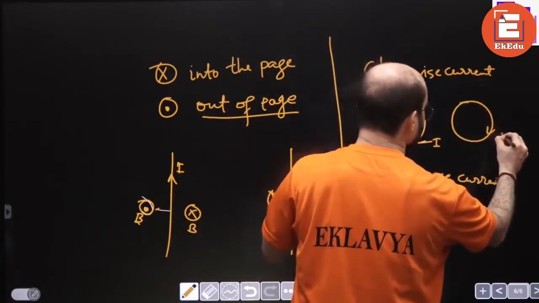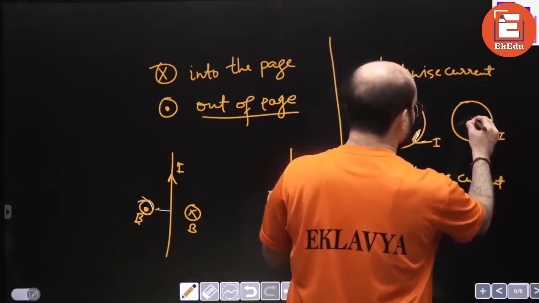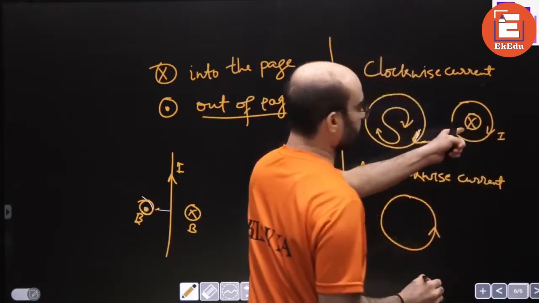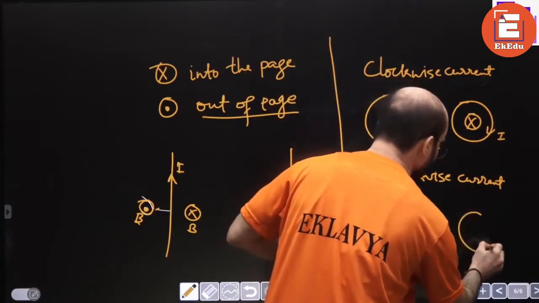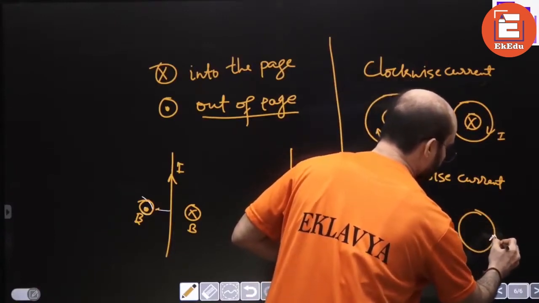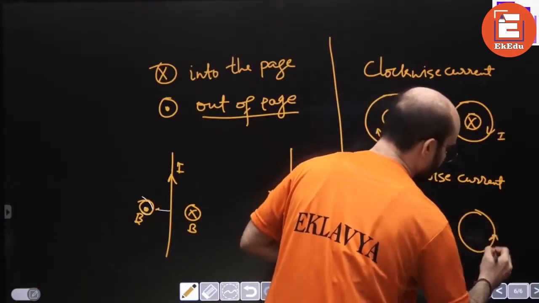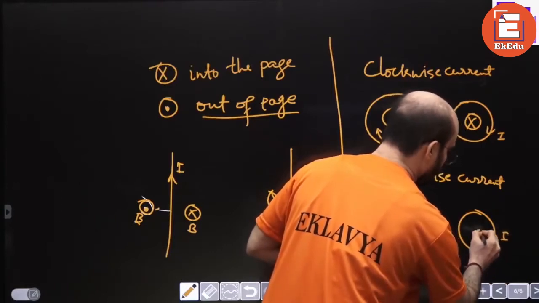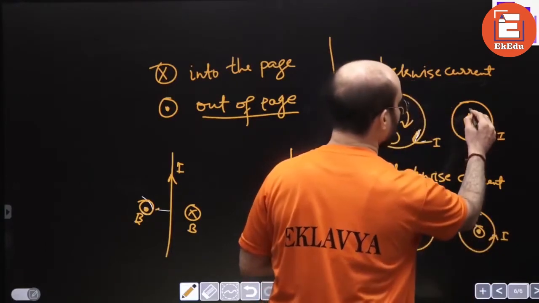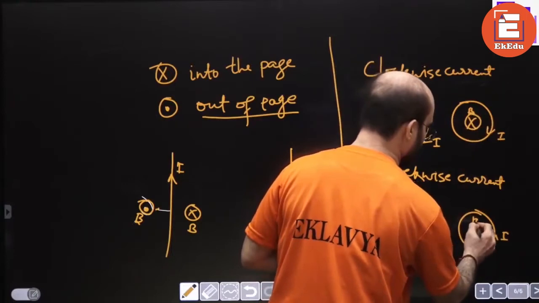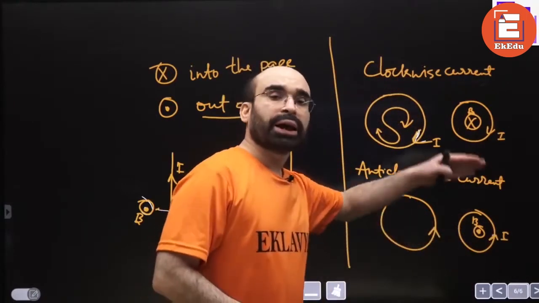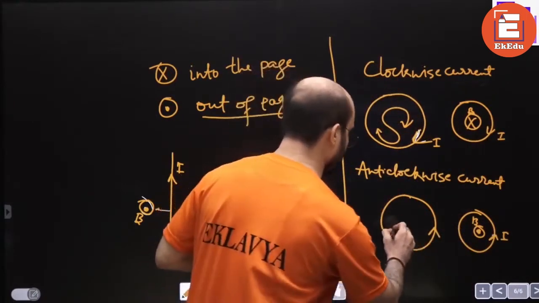If current is this, then magnetic field is into the page. If current is anti-clockwise, then it is out of the page. This is B, magnetic field out of the page. In terms of polarity also, we can do this.